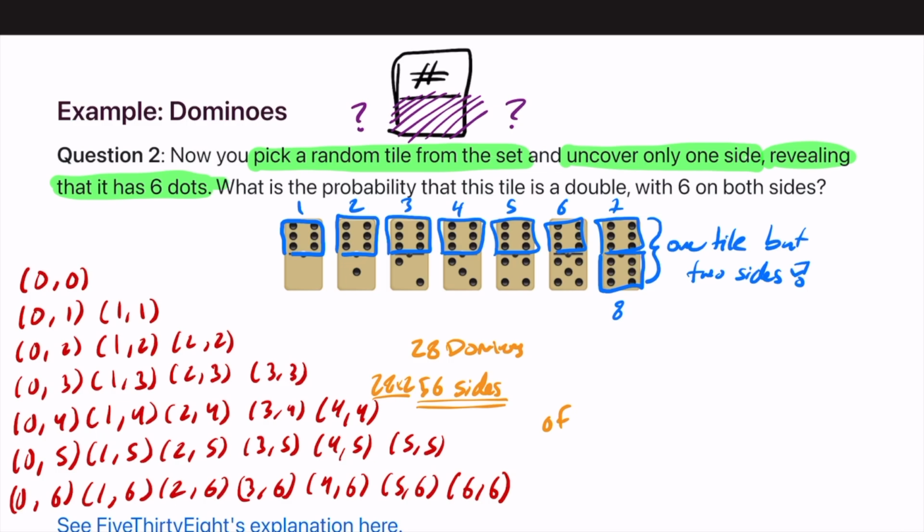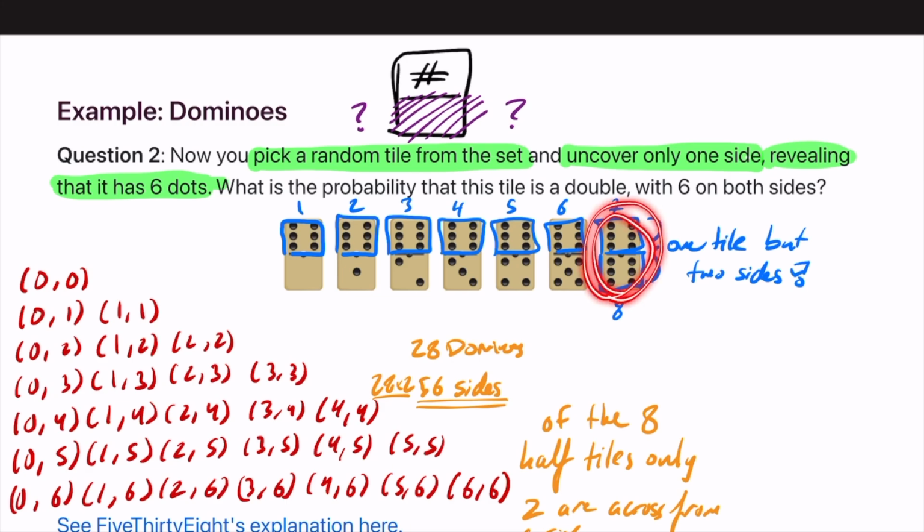So of the 8 half tiles, only 2 are across from a 6, namely these two right here. If you reveal this one, it's across from a 0.